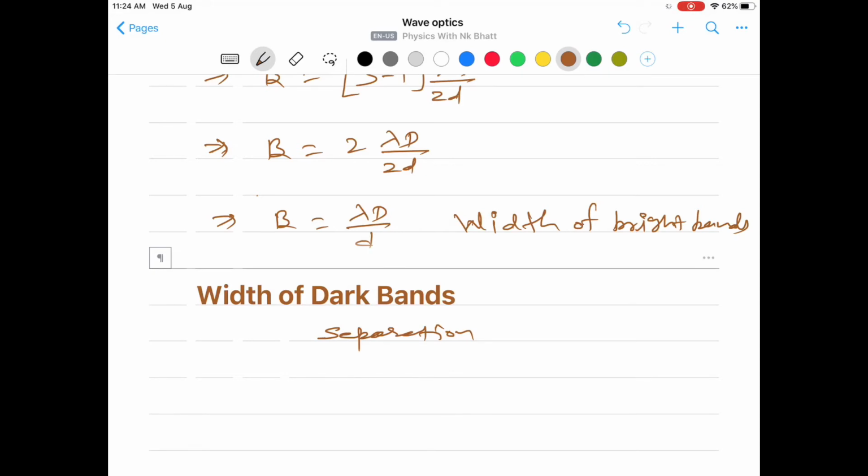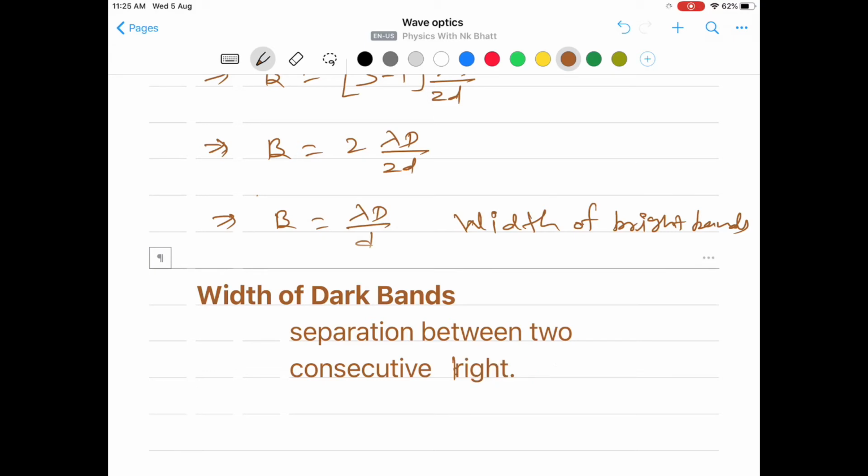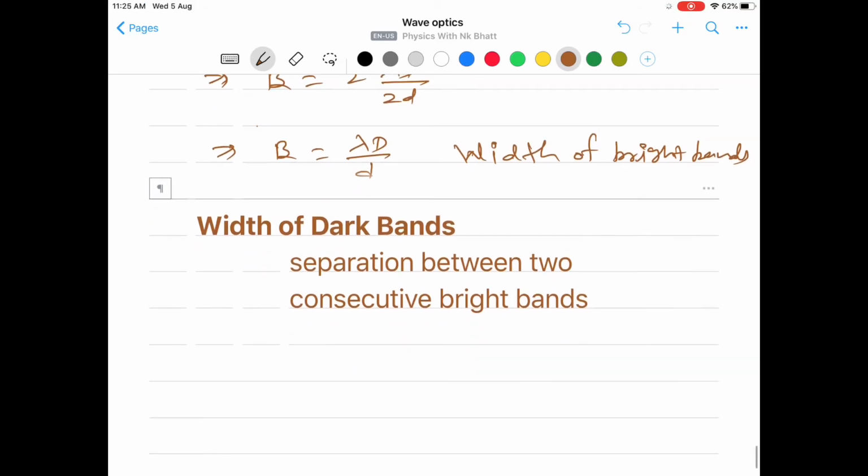Since every dark band is lying between two consecutive bright bands, the separation between two consecutive bright bands, how can we find this?